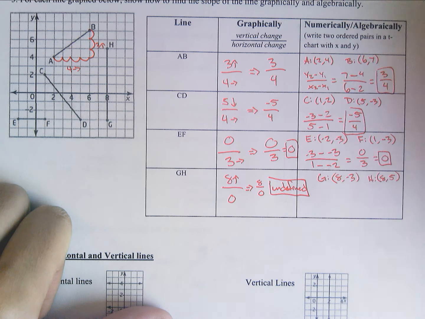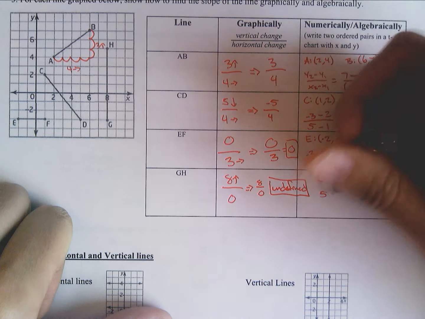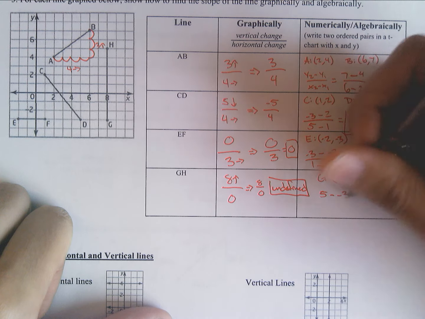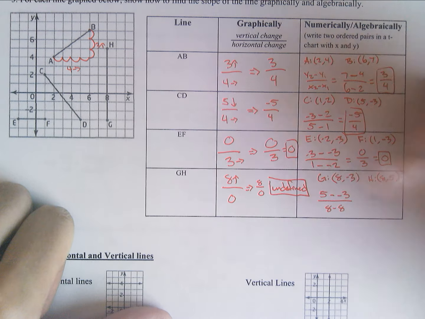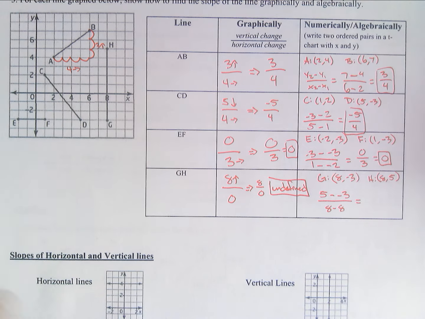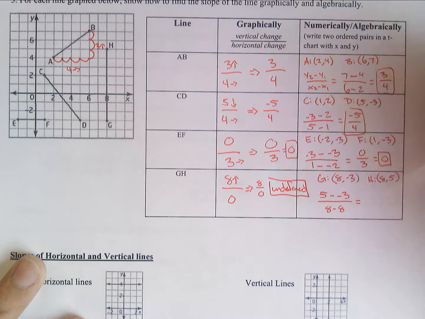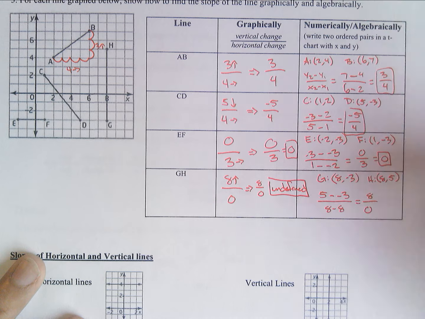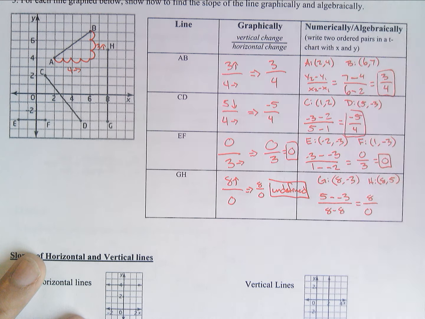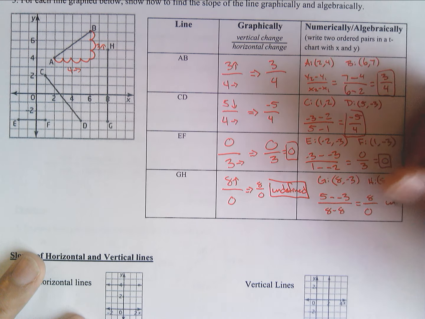So y2 minus y1, we have 5 minus negative 3 over x2 minus x1, 8 minus 8. 5 minus negative 3 gives me positive 8. 8 minus 8 gives me 0. And again, we have 8 divided by 0. We cannot divide by 0. So that's again an undefined slope.